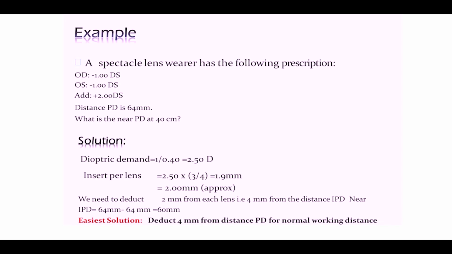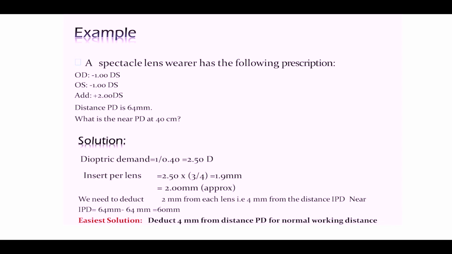So if you are having 64, for example, as a total distance PD, let's say 32 and 32. If you are deducting 2 on the right, this becomes 30, 2 on the left, that becomes 30. So the near PD on the right is 30 mm, left is 30 mm.